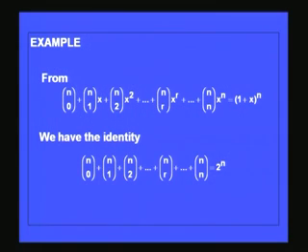Now, this is the binomial expansion, C(n,0) plus C(n,1) x plus C(n,2) x squared, etc. is equal to (1 plus x) power n. Now, in this equation, you put x is equal to 1. If you put x is equal to 1 here, this becomes 2 power n.